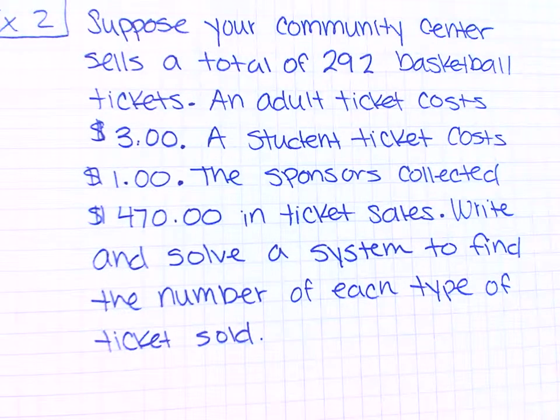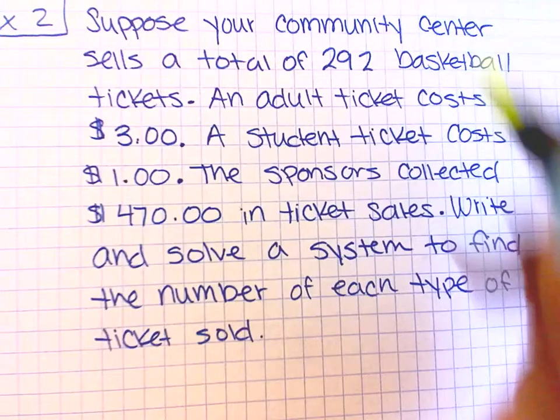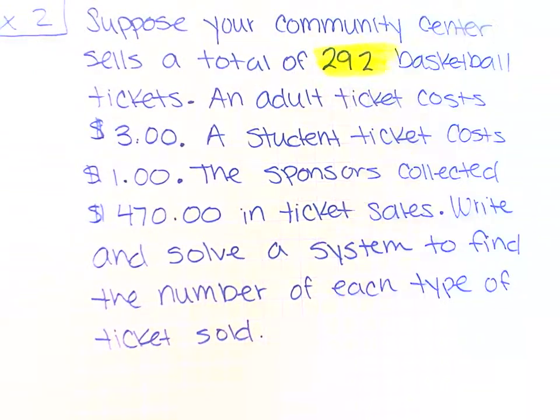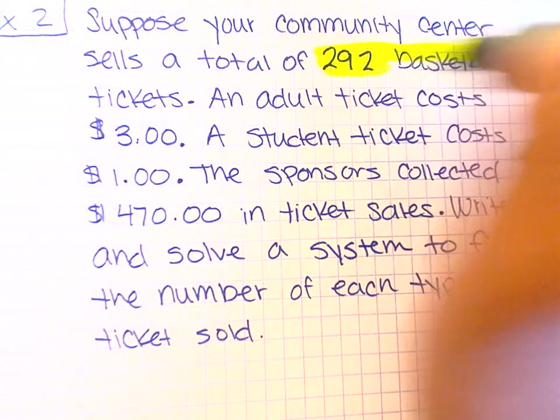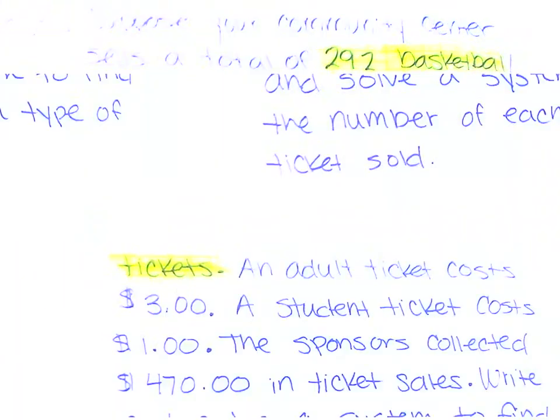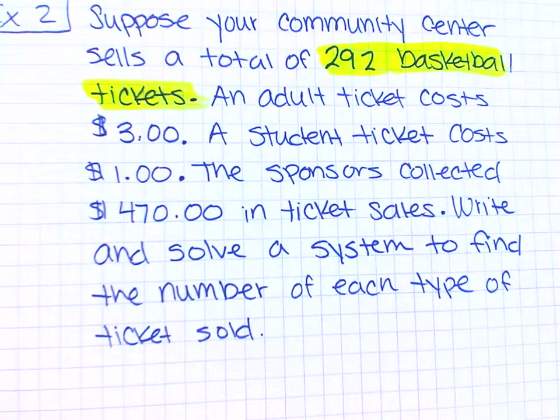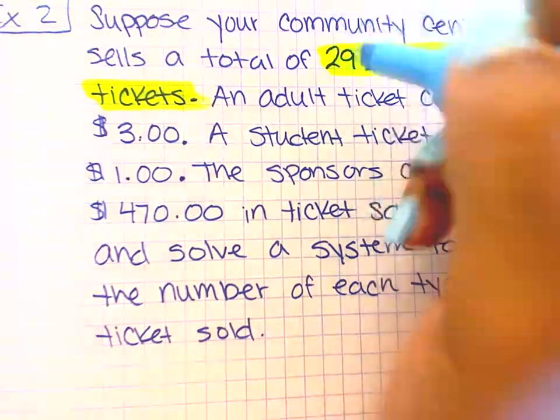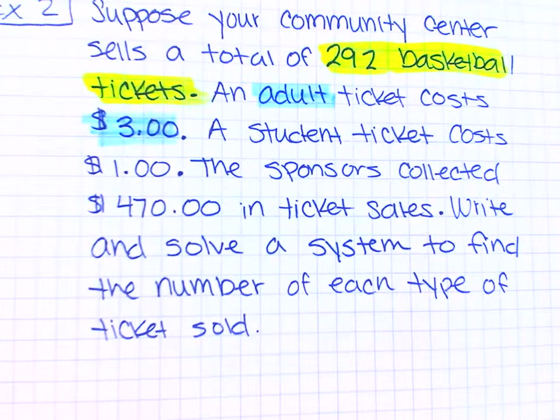All right, so the first thing we want to do is go through our word problem and just highlight the words or phrases that we think are going to be important to help us solve. I think 292 basketball tickets is important. I also think it's important to know that an adult is $3. I'm using different colors.